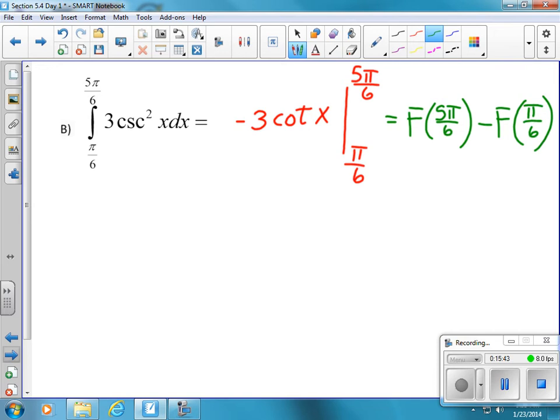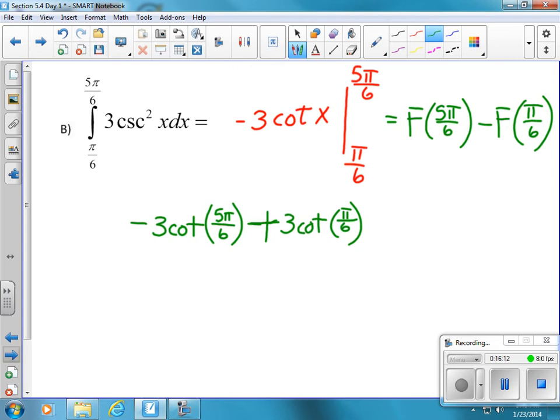Ooh, this is going to take some really smart trigonometric thinking, right? So negative 3 cotangent of 5 pi over 6 minus negative 3 cotangent of pi over 6. That's going to become a plus, we know that.